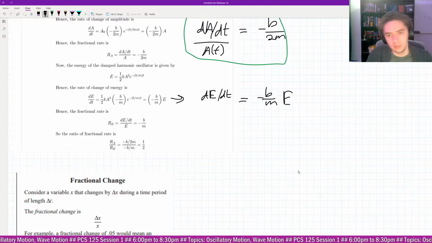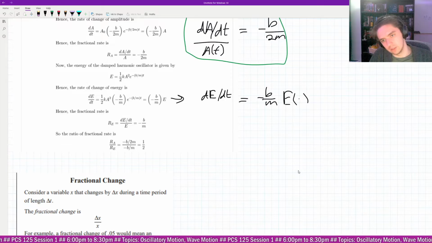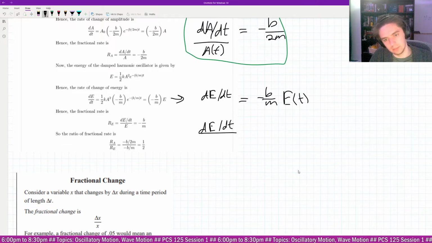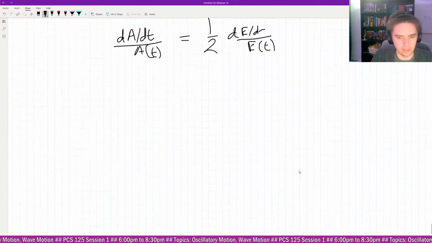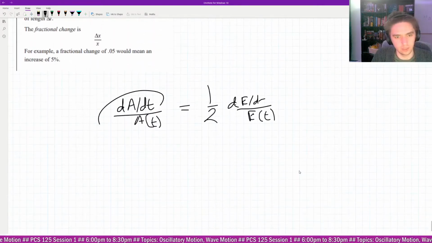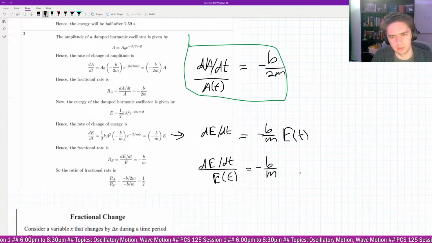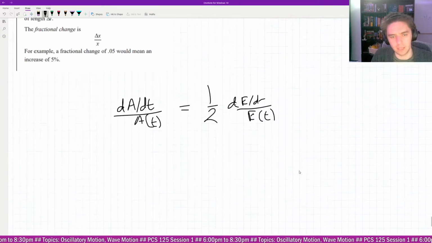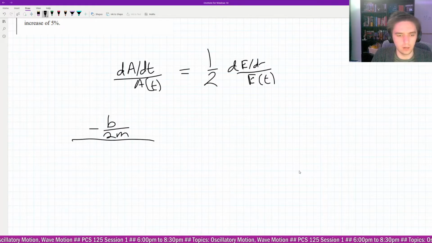Okay. Good. And again, this is E of t. So similarly, we can find dE by dt by E of t is equal to negative b over m. And then we just take the ratio of these two things. That top quantity was negative b over 2m, and the bottom quantity was negative b over m.